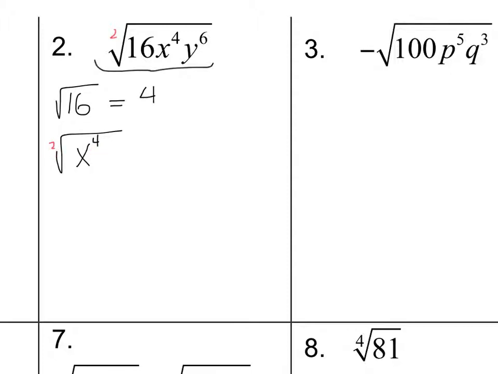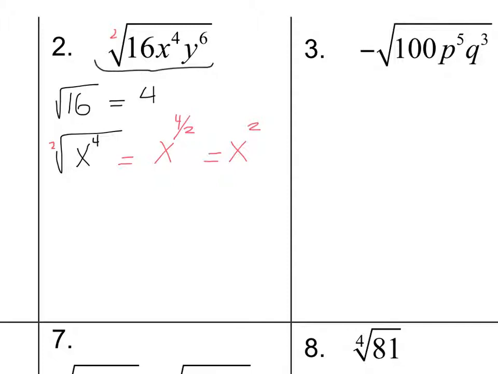As you can see, the power is completely divisible by the index. So you can change the square root of x to the 4th into x to the power 4 divided by 2. So 4 divided by 2 is x to the 2nd. So the square root of x to the 4th is completely simplified into x to the 2nd.